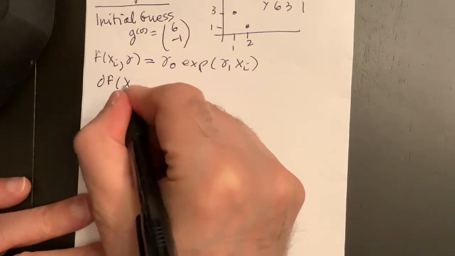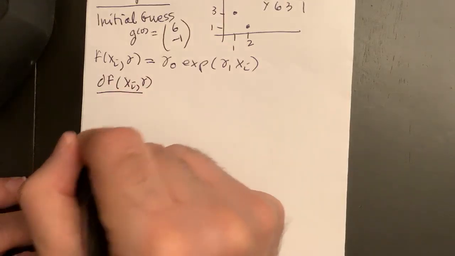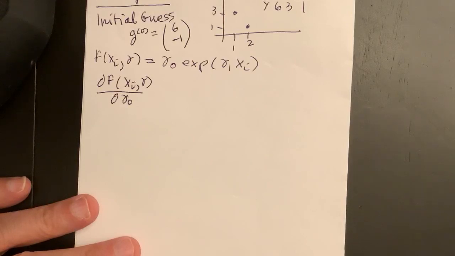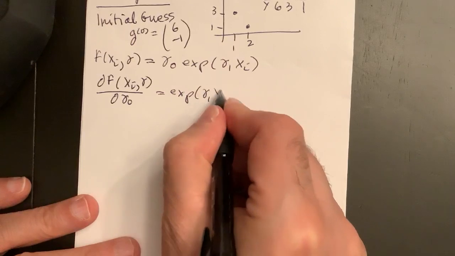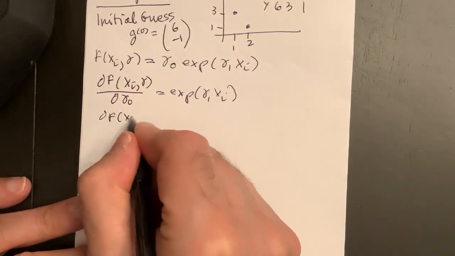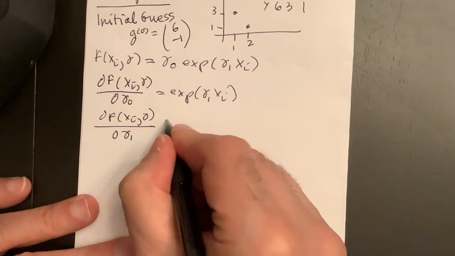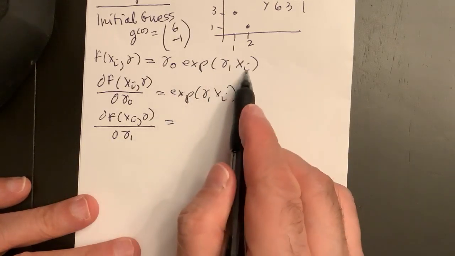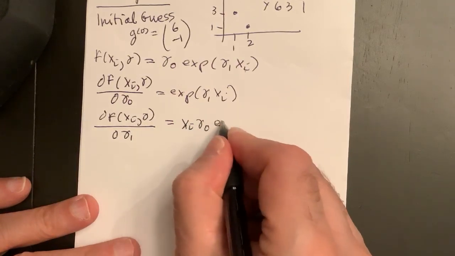So df of xi gamma over d gamma 0, this one is this, and df of xi gamma over d gamma 1. Well, it's this with respect to gamma 1, so this stays the same, but by the chain rule this comes down, so we get xi gamma 0.